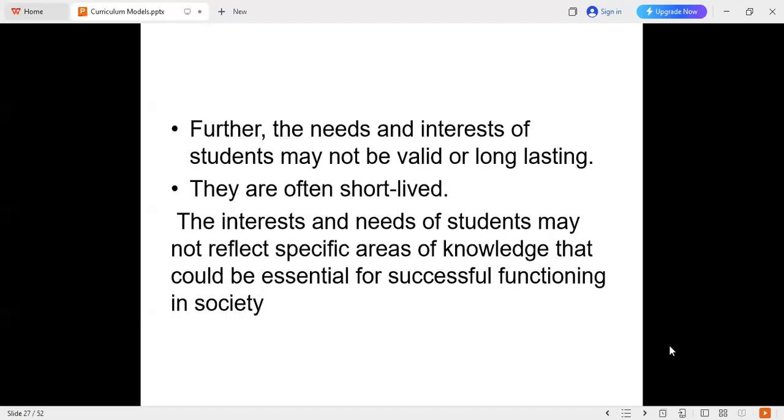Here, individual differences are not discussed in this curriculum. That is one limitation. The interests and needs of students may not reflect a specific area of knowledge that could be essential for successful functioning in society.